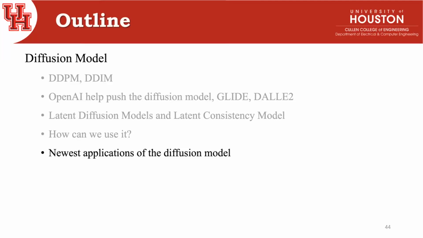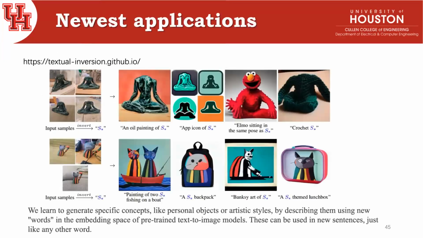And now I will introduce some of the newest applications of the diffusion model, as well as we can see the textual inversion. Actually, this is also a very funny tool. You can see from the left pictures, you input some pictures of, okay, we just call it S. Then when you do the diffusion models, okay, we want to do the oil painting of the S. You will generate the painting of the S, and like the emo sitting in the same pose as S, it also does like this.